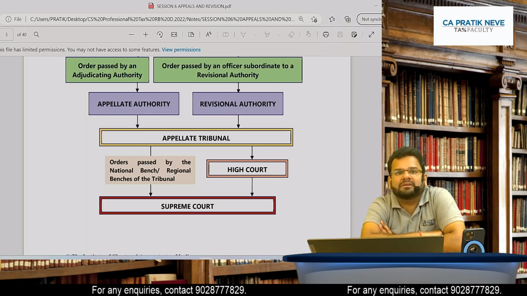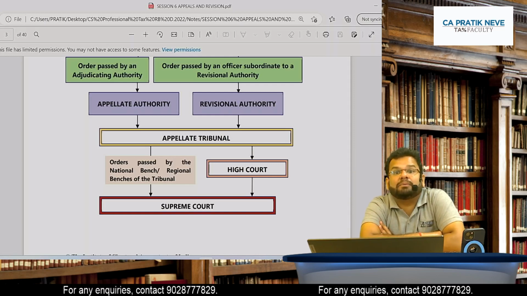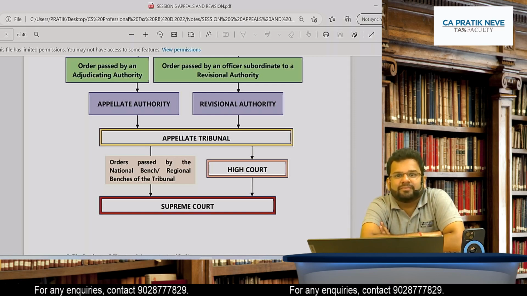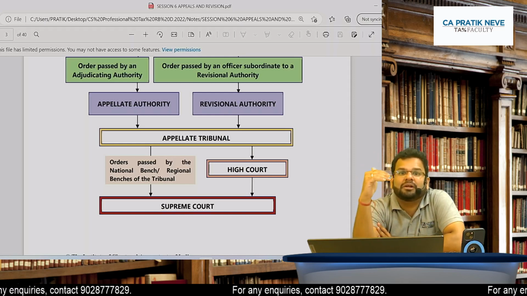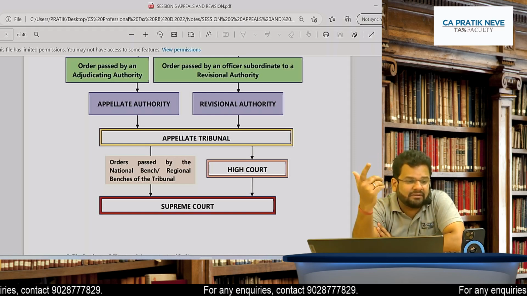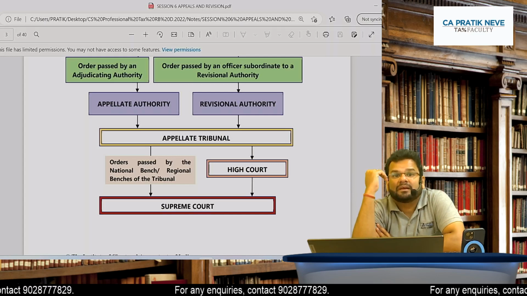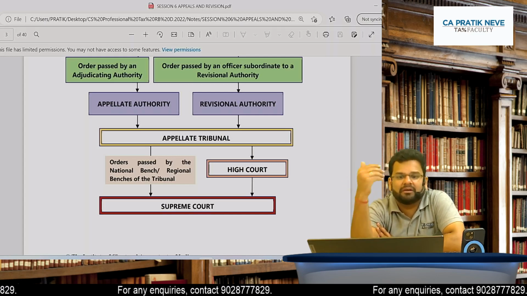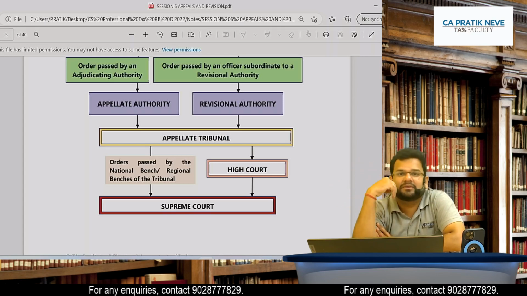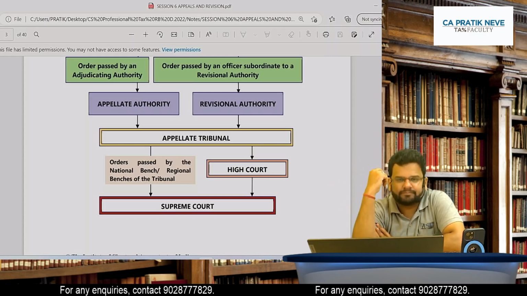What does it mean? It means that place of supply issues will not lie with the High Court. After the appellate tribunal, they will directly lie with the Honorable Supreme Court, isn't it? So remember that point.